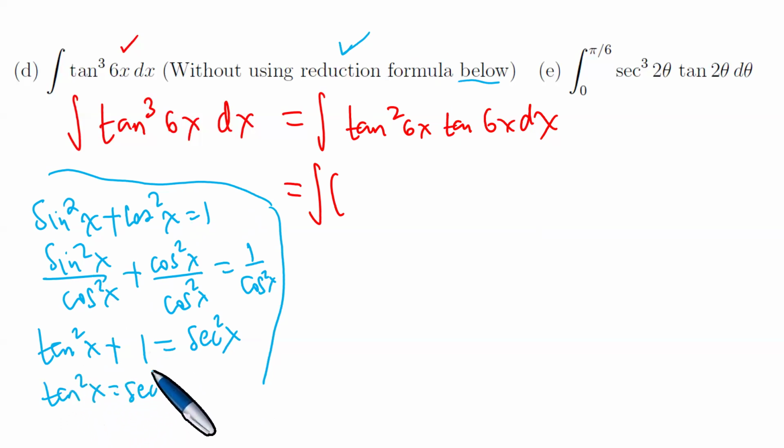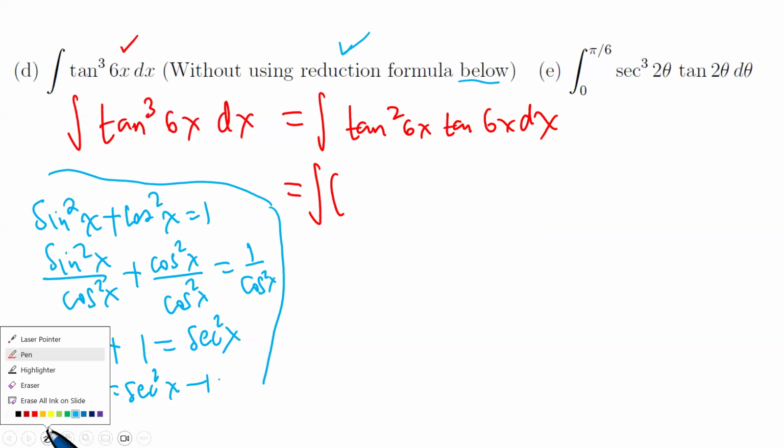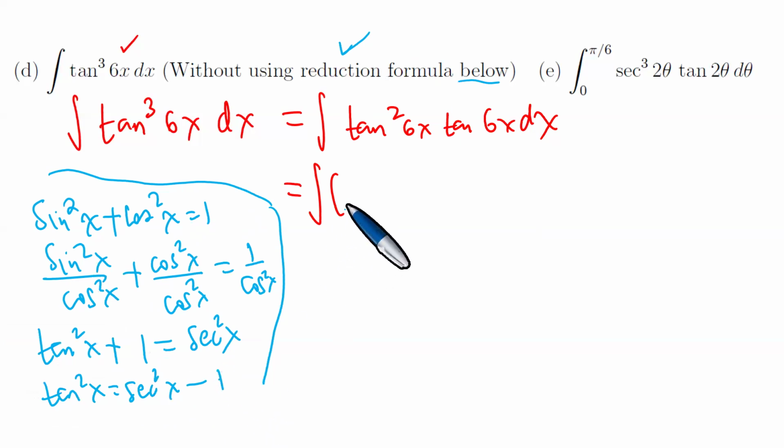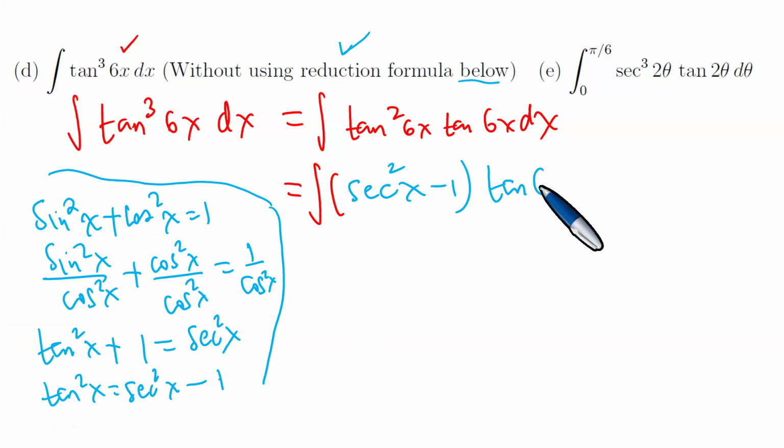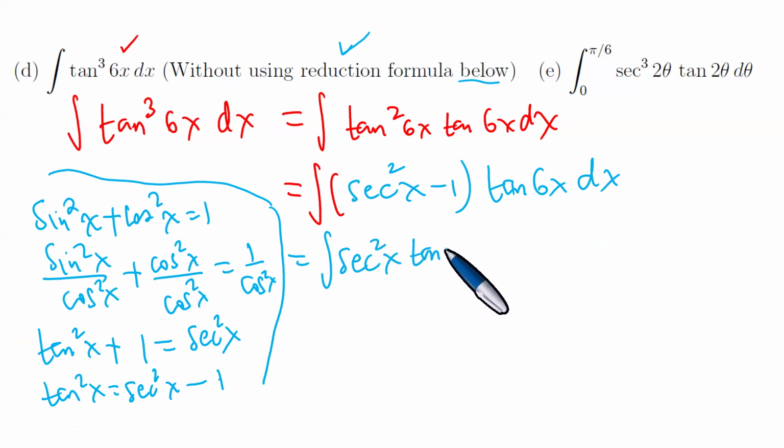So whenever you have the tangent squared, you can put the secant squared, so that in the end, you'd have the secant squared, times the tangent of 6x.